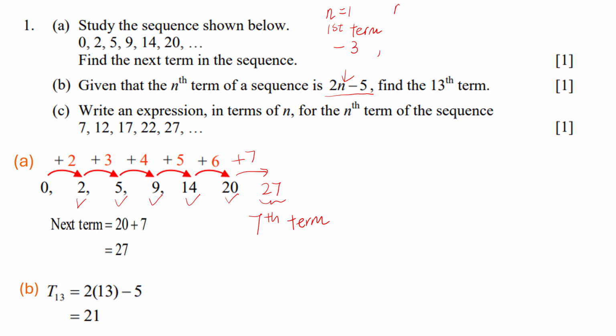And if you let n equal 2, you will get the second term to be negative 1. If you let n equal 3, you will get the third term, which is 1. If you let n equal 4, you get the fourth term, which is 3.